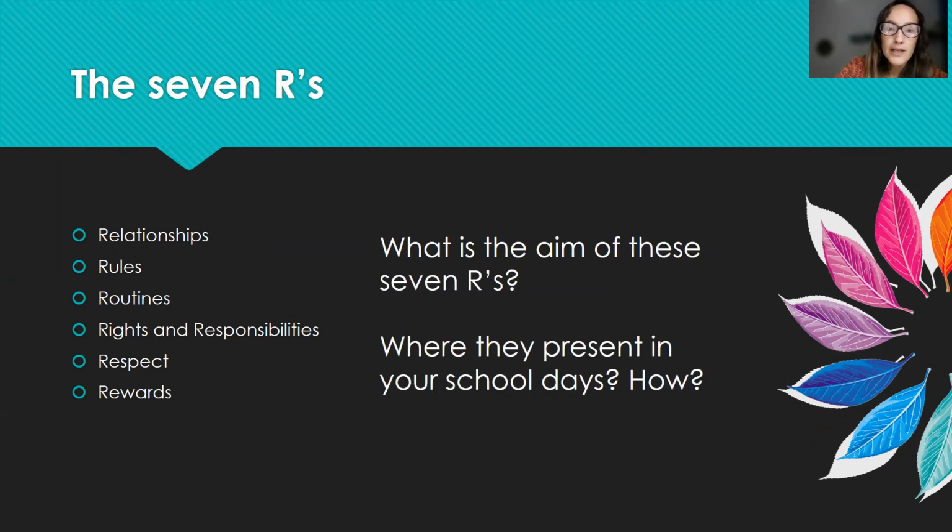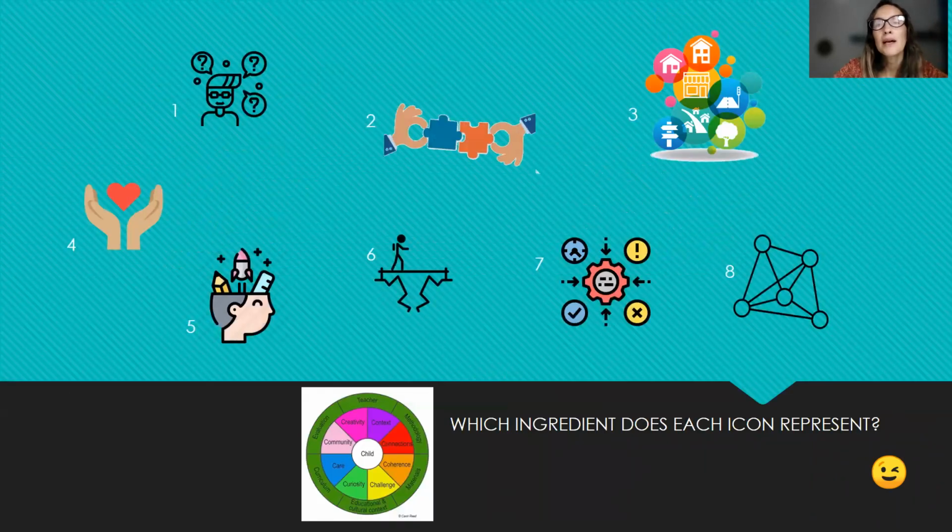So before we finish, I will ask you to tell me if you can say what each of these icons represent. You have the wheel below so that you can see the names, right?